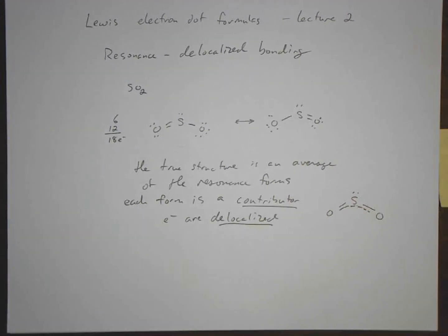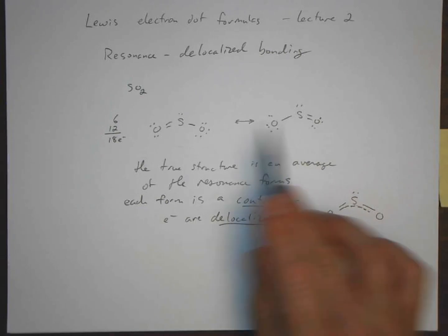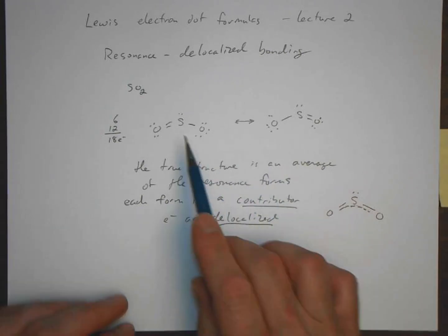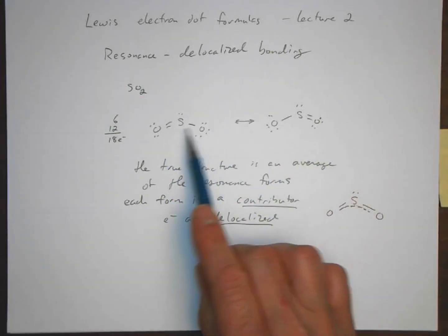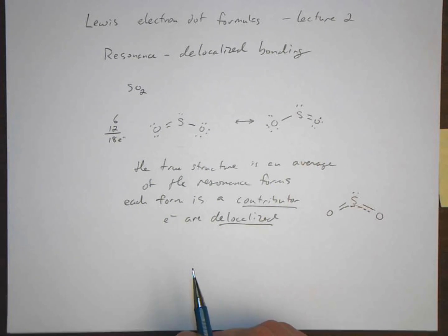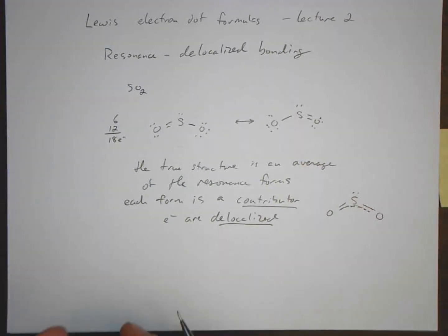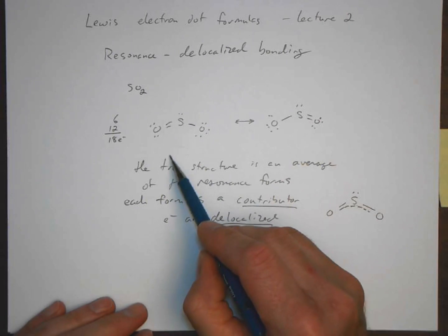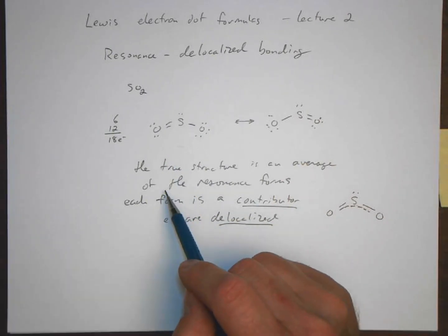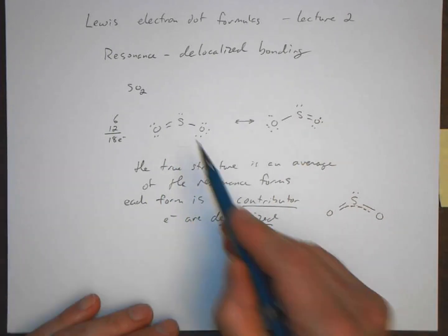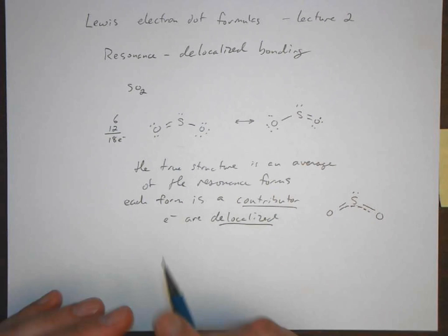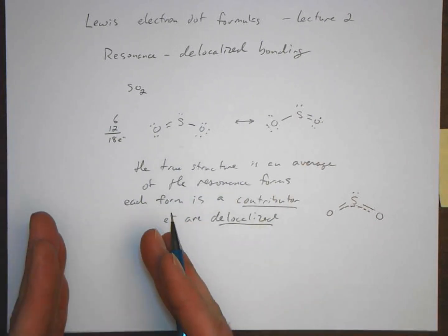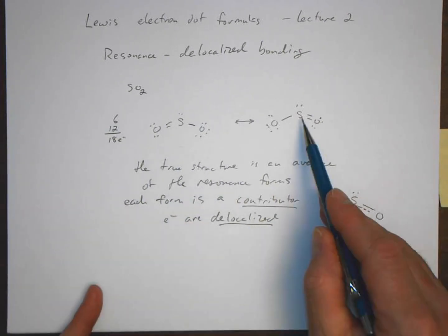Now you might be asking, what evidence do we have that this is the case, that we don't have a single bond or a double bond all the time? Well, it turns out that one can measure bond distances with various spectroscopies, and the SO bond distances in SO2 are both the same. They're definitely less than a single bond length, but greater than a double bond length.